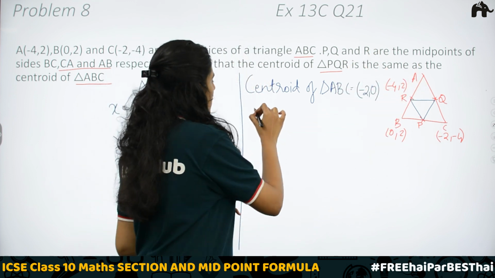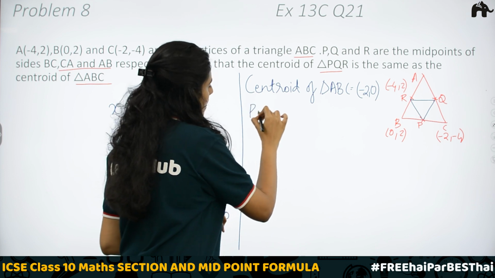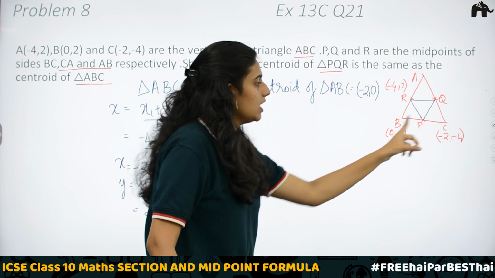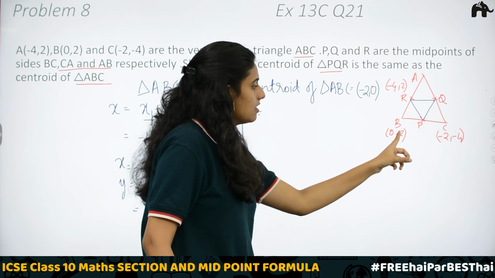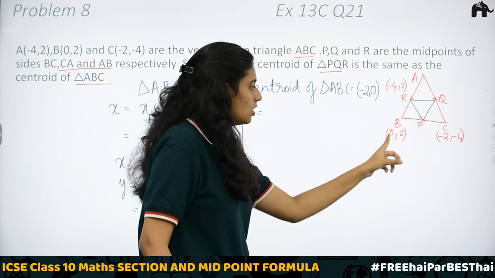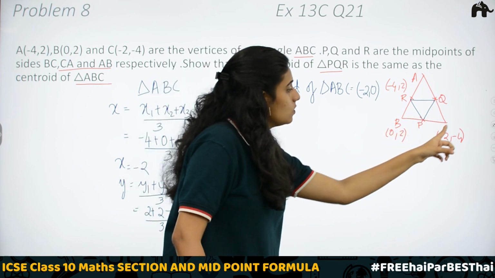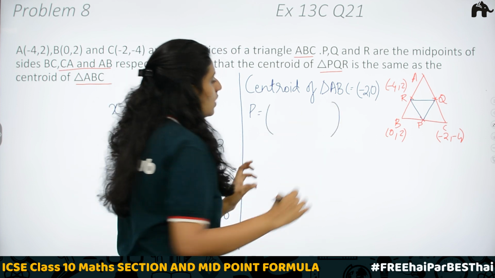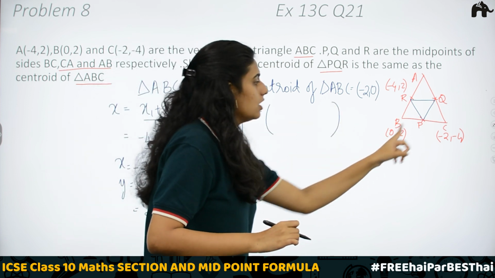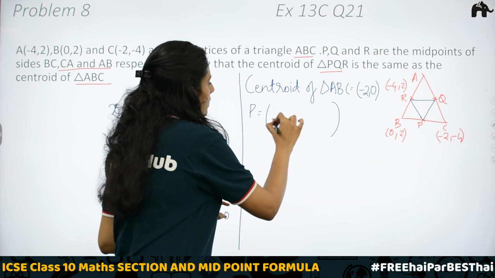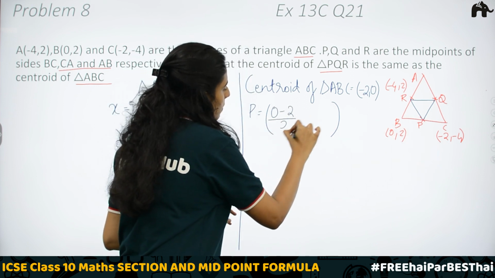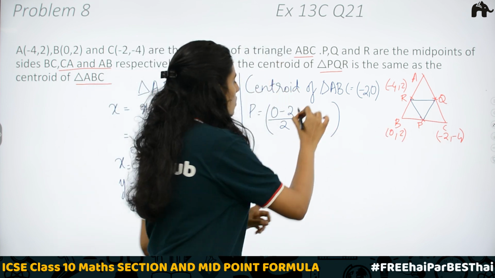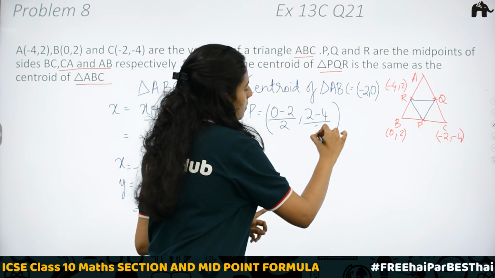First, let us find the coordinates of P. To get the coordinates, we have to take B and C. Here, x1, y1 is (0, 2) and x2, y2 is (-2, -4). Then what do we get? (x1 plus x2) divided by 2: (0 - 2) divided by 2. (y1 plus y2) by 2: (2 - 4) divided by 2.